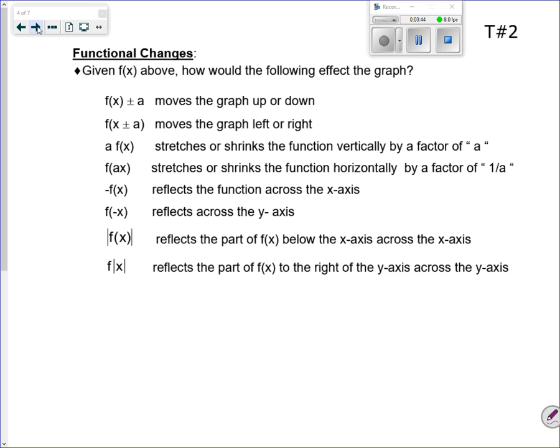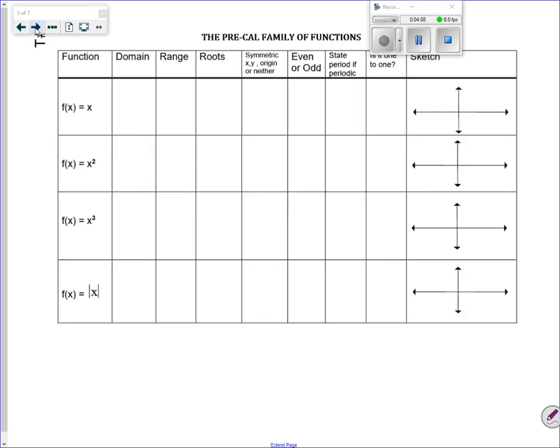So if you remember, if you do f of x minus 2, that's actually moving it to the right 2. And so again, hopefully you can remember those transformations. I don't think there's anything there that comes as a shock.